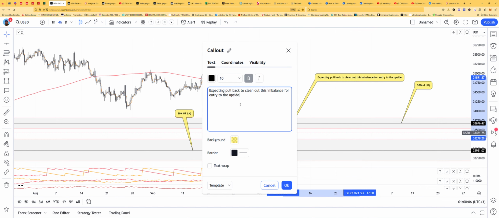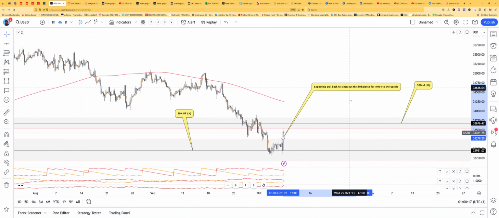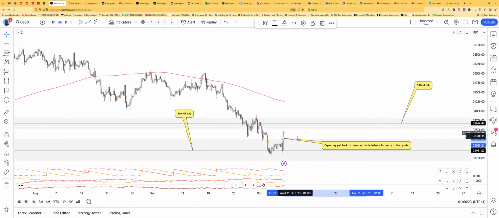I'm expecting a pullback to clean up this imbalance for entry to the upside. The imbalance I'm talking about sits around this area right here. You can see for yourself. This is the imbalance I'm talking about.